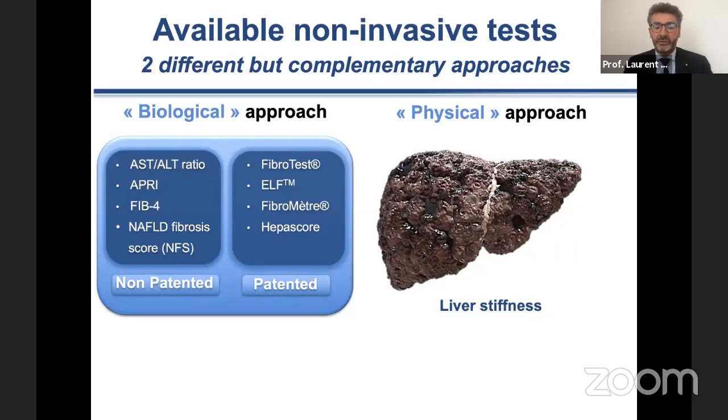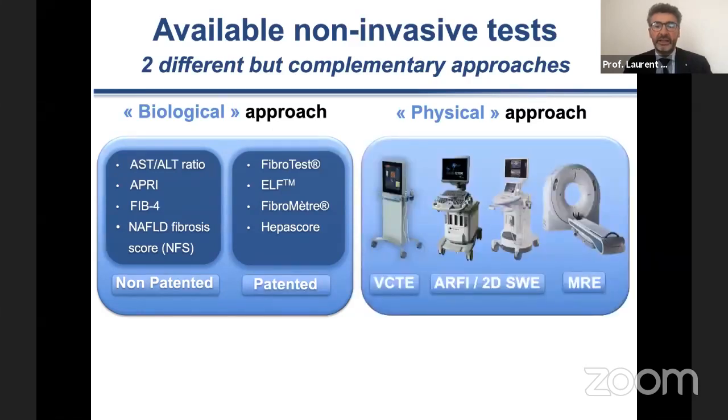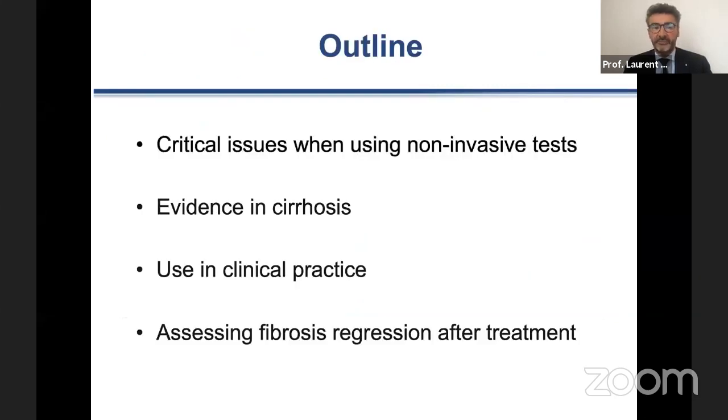Then the physical approach based on the measurement of liver stiffness with 4 different ultrasound-based elastography techniques, such as vibration-controlled transient elastography, which was the pioneer, but also RFE, 2D shear wave elastography, and MR-based elastography like MR elastography.